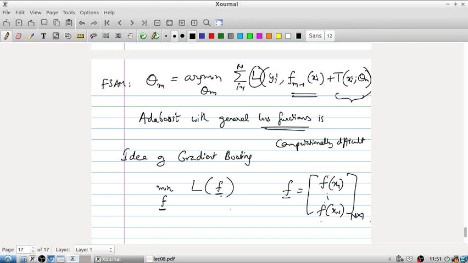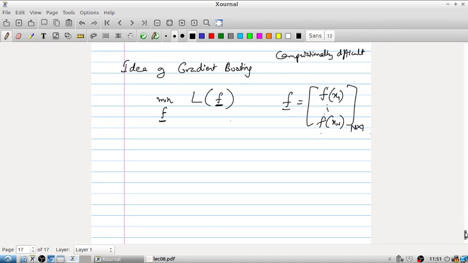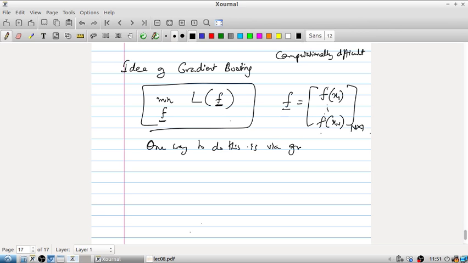So I have a loss for an f vector, and one way to numerically optimize this type of problem is via gradients. What do I mean by that? You start with some f vector 0.